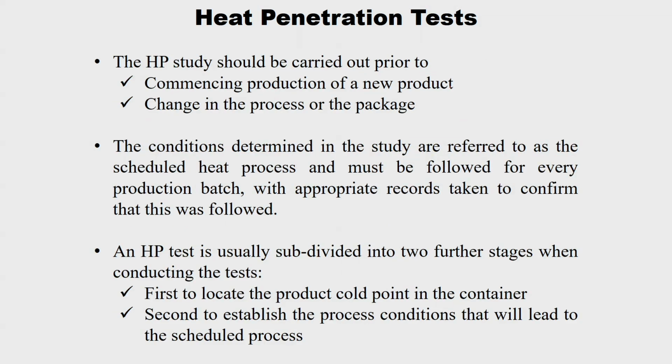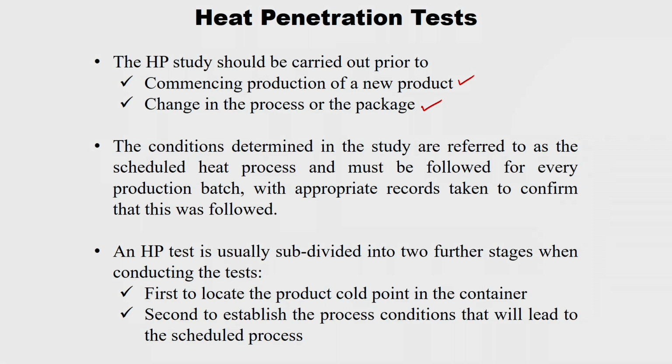The HP study should be carried out prior to commencing production of a new product or a change in process or packaging. Once the process is established, it also requires that every 3 months we do the heat penetration test, and especially when commencing a new product or a change in the process or packaging, you must do it.